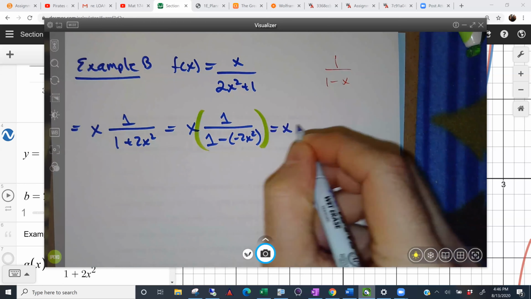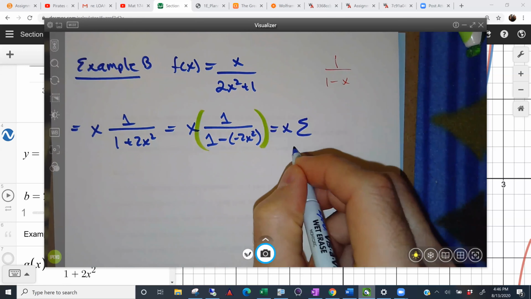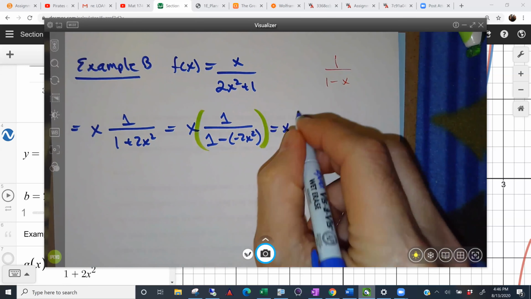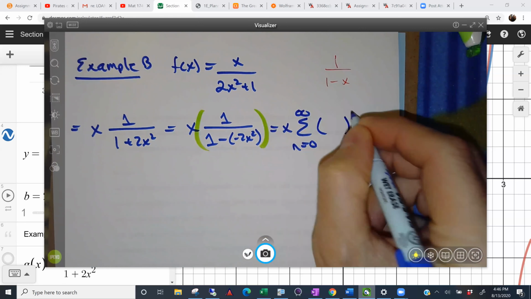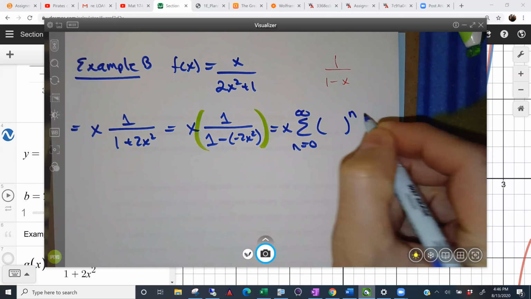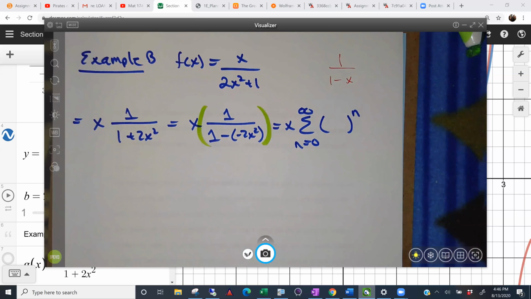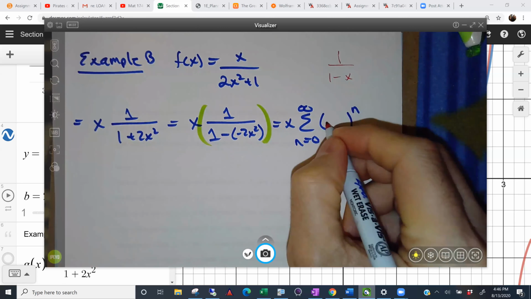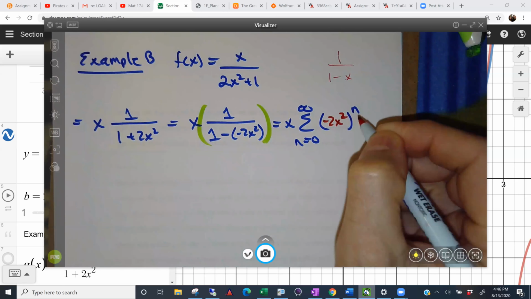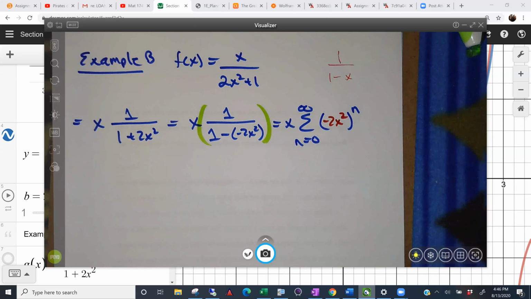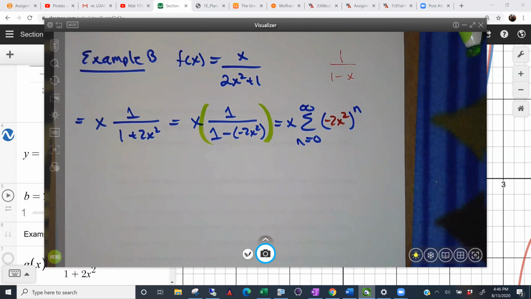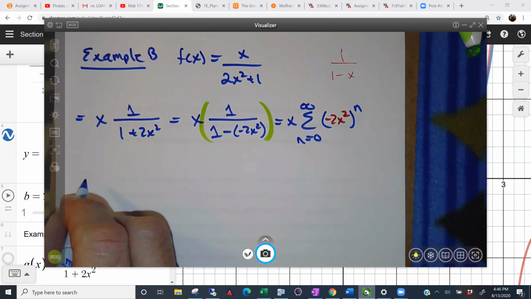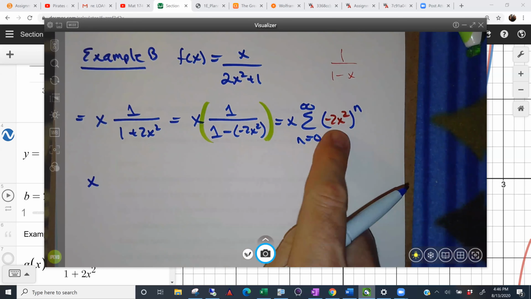So it's going to be x times a sum from n equals 0 to infinity of something to the nth power. Can you think what that something is? Instead of our x, we had this. It would be minus 2x squared, like that. You could leave it like this. Not sure exactly what WebAssign would do with that, but I'm going to clean that up a little bit, or at least rearrange it a little bit.